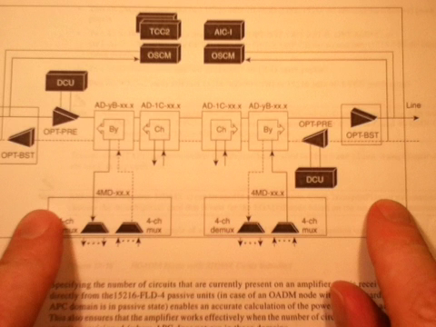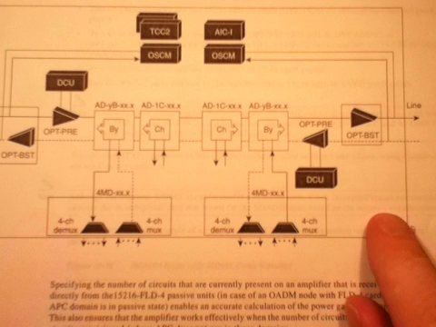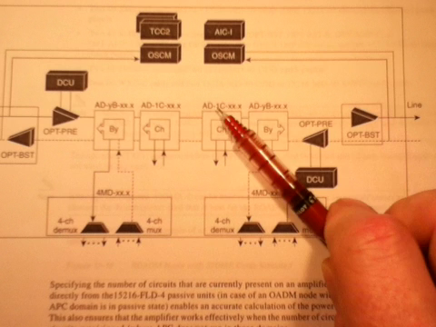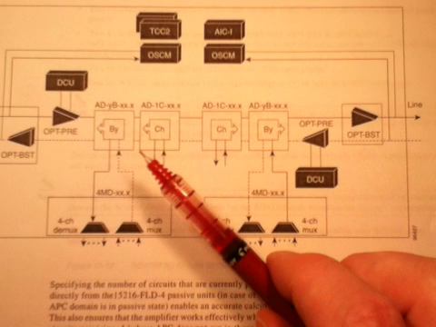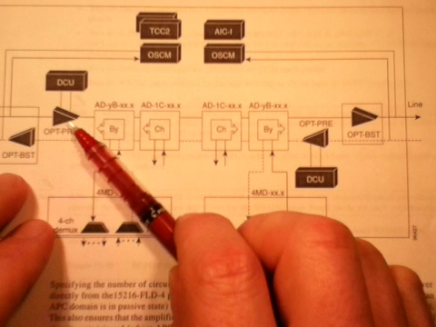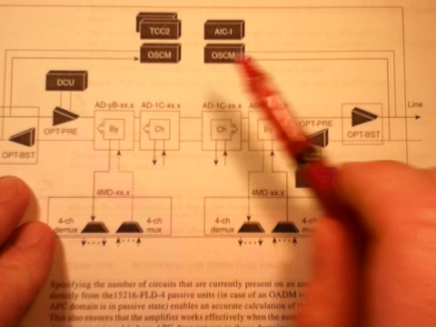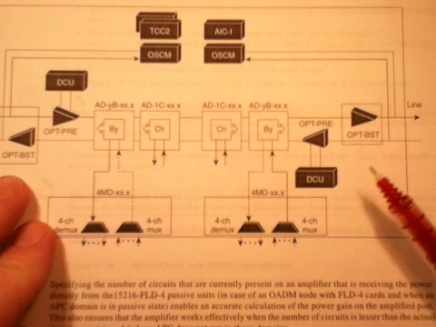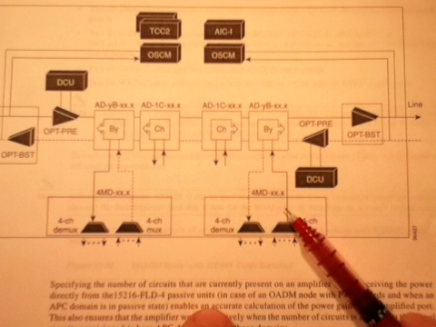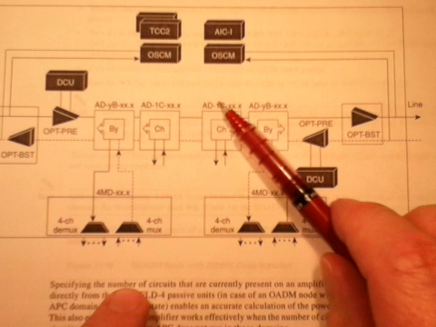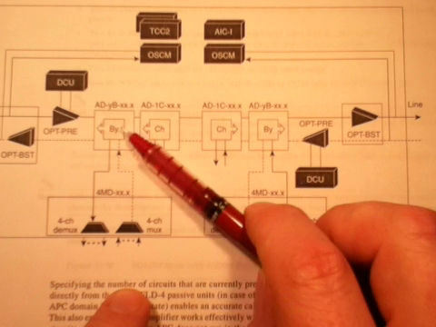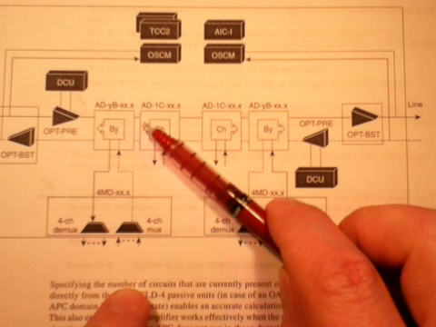We've seen one of these before in one of the videos, a block diagram that includes multiple cards. For instance, here's a BST card, here's a PRE card, optical amplifier cards, here's DCUs, here's a 4MD channel drop card, here's an AD1C and an AD band add drop, here's a channel add drop.